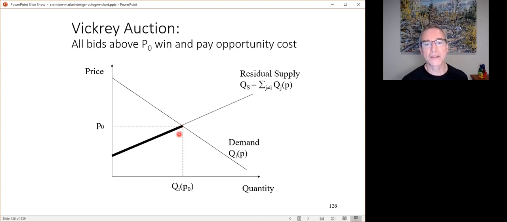But what we do in the Vickrey auction is, rather than pay as bid, which would be along here, or uniform price, which would be the clearing price, we instead have the bidders pay along the residual demand curve. So that last little bit that the bidder wins, they pay the clearing price, but for all the incremental units, they pay along this residual supply curve.